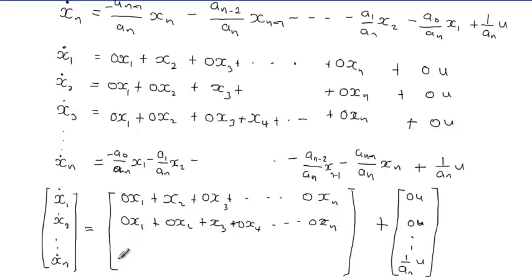Then lastly we're going to have minus a0 over an x1 minus a1 over an x2, dash up to minus a n minus 2 over an x n minus 1, minus a n minus 1 over an xn.